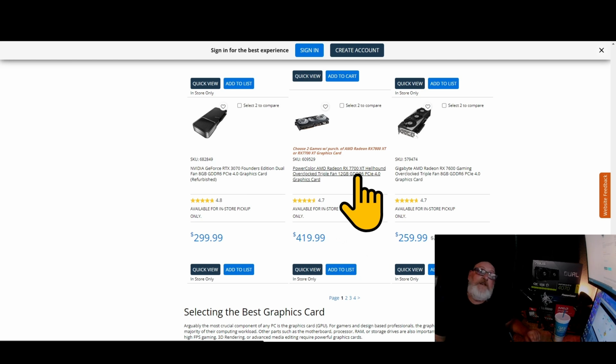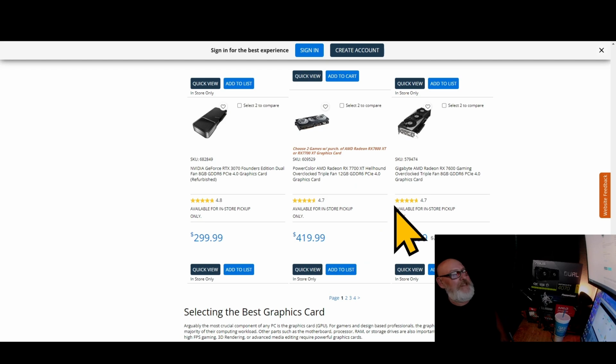Look at the price of the 7700 XT being at $319. Think about this very carefully. If you're getting 2 games, that knocks off $100. You're still buying your graphics card at the same price as buying it on the market, buying it on Amazon for the same price that you're paying for it over here, but you're paying an extra $100 for 2 more games. So that's a nightmare in itself.